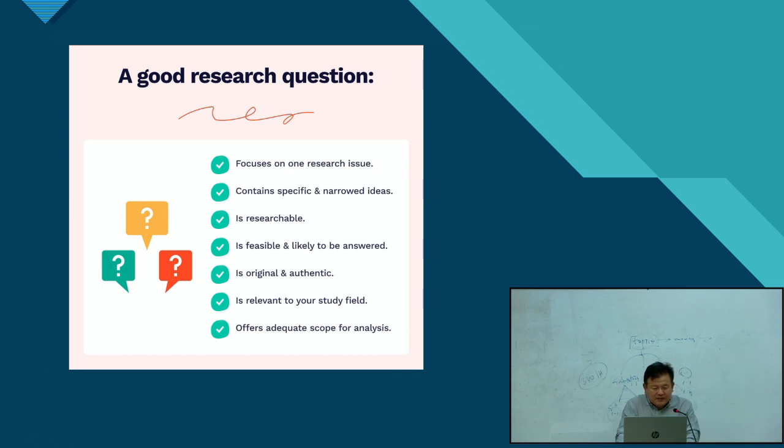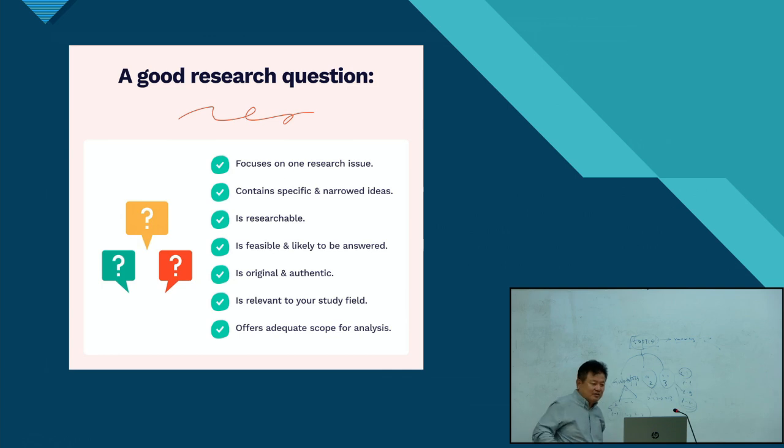It contains a specific and narrowed idea. So if I want to survey the people who supported the President in the United States, and then the next question is how do the Israelis respond to that? It's not a good idea.